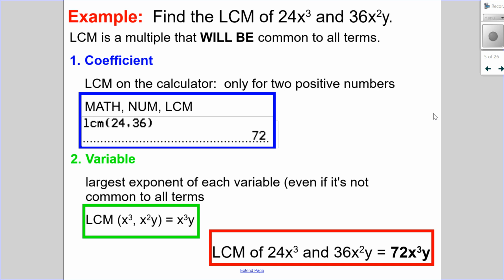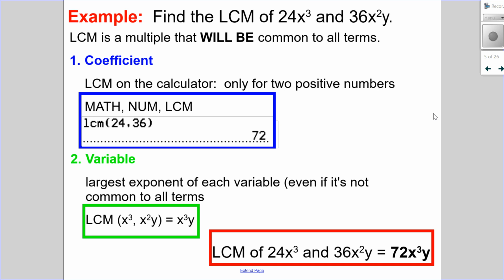So let's say I'm adding 2 fractions and they have this as the denominator, 24x cubed and 36x squared y. I want to find the lowest common denominator that both of those can go into. So basically I'm finding a multiple of those 2 terms, and I want the lowest multiple. So I can find the lowest common multiple on my calculator between 24 and 36, which is 72.